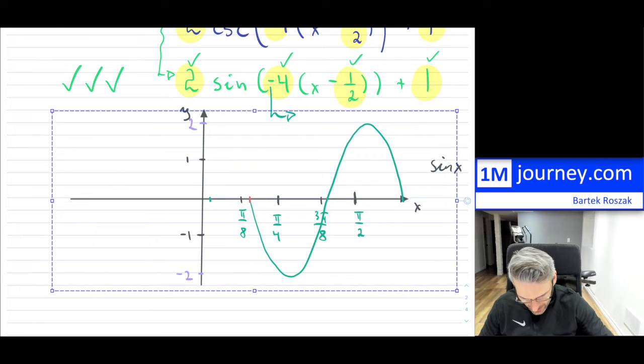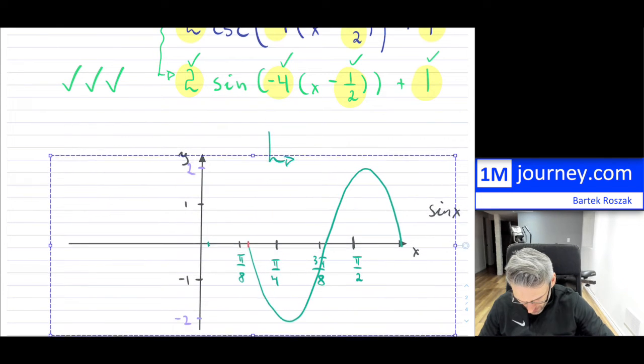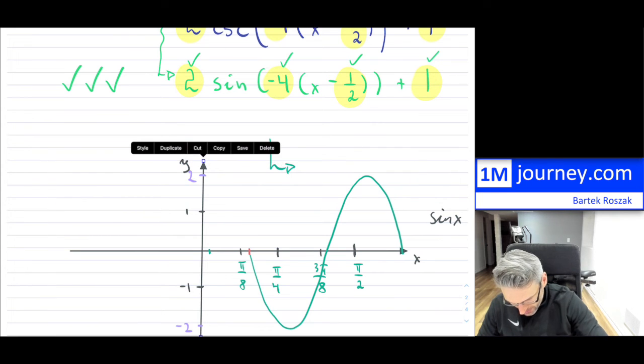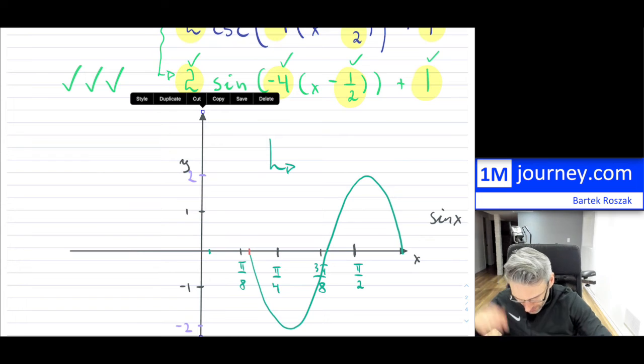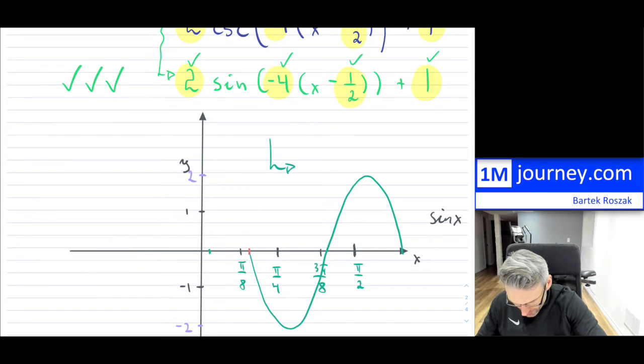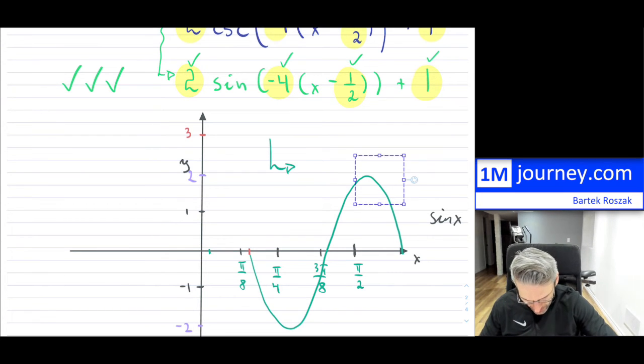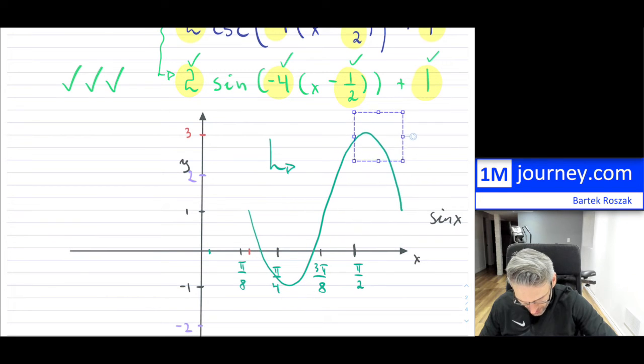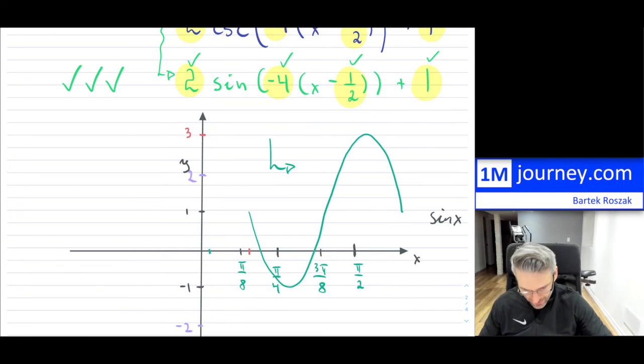I can bring it down, because if I move it up by 1, I'm going to stretch this out further. So this goes up to 3. We're going to take this and move it up by 1. We start there, and it goes up to 3 right there. There we have it.